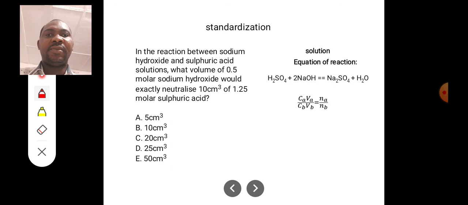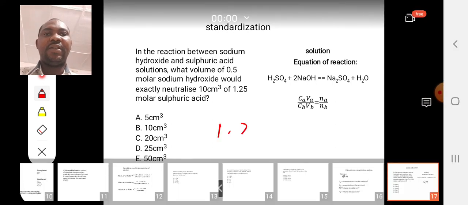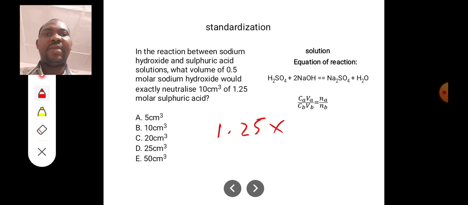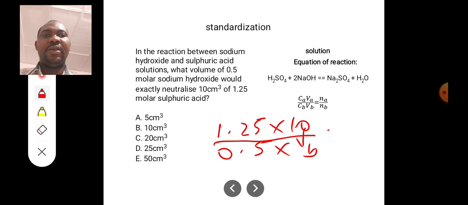The concentration of the acid is 1.25, multiplied by the volume of the acid, which is 10. You don't need to convert the volume in the case of titration. Divided by the concentration of base, which is 0.5, times the volume of base, what we are looking for, equal to number of moles of acid over number of moles of base. Look at the balanced reaction.